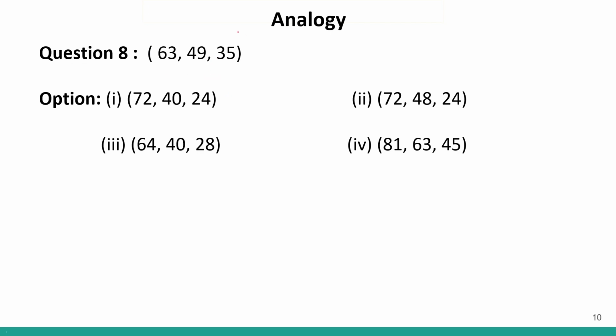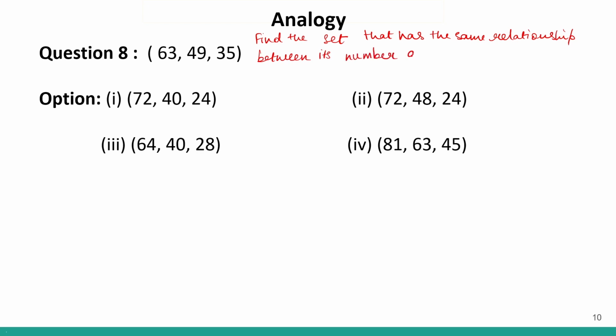If I have to write the question, basically it will be: find the option that has the same relationship, or find the set that has the same relationship between its numbers as given in the question.